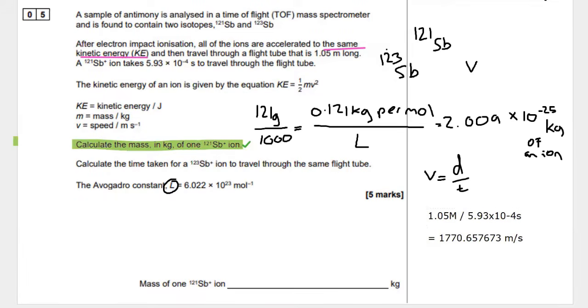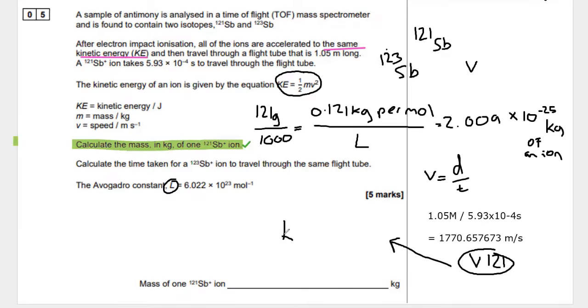So that's our velocity of the 121 ion. Now I can find the kinetic energy of that ion by putting that velocity into the kinetic energy equation. Actually, I don't need to rearrange it, do I?